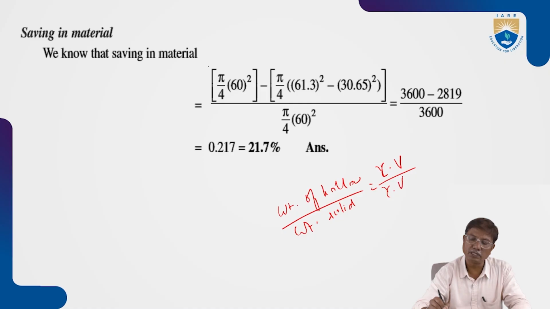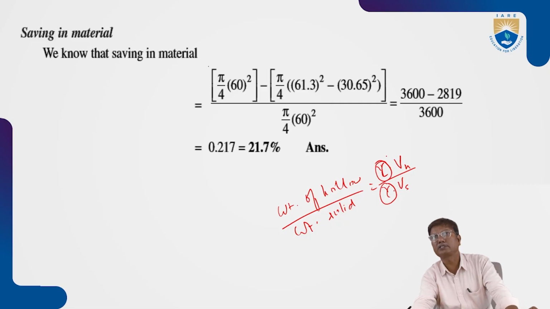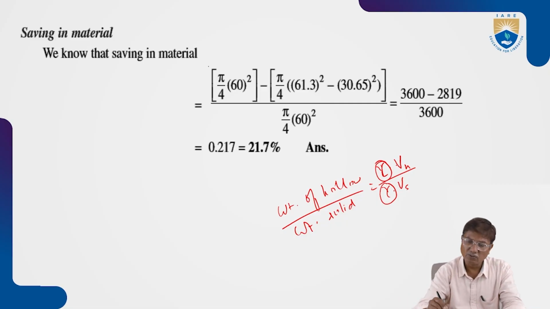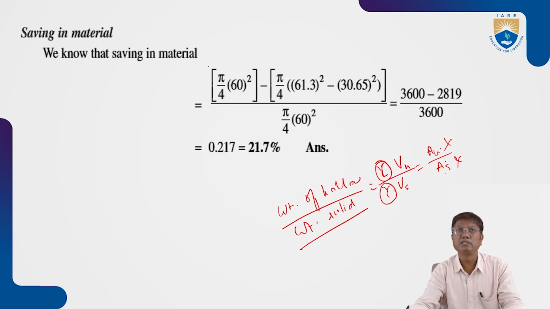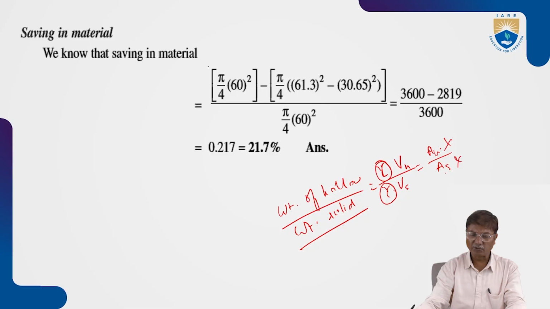Unit weight is the same for both because the material is the same, and the length is the same. So it is the area of the hollow shaft divided by the area of the solid shaft. Length being the same, finally you will have this ratio equal to the ratio of areas of hollow and solid shafts.